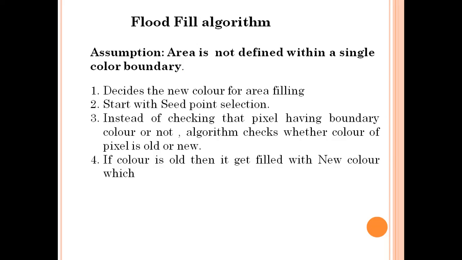The boundary fill algorithm will not work in that case. If the area is not defined within a single color boundary, that is a problematic situation which cannot be handled by the boundary fill algorithm. The basic assumption for the boundary fill algorithm is that all the segments which are part of the boundary have the same color, meaning the boundary color is a single color. But if a lot of colors are there for different edges of a boundary, then we have to use the flood fill algorithm.